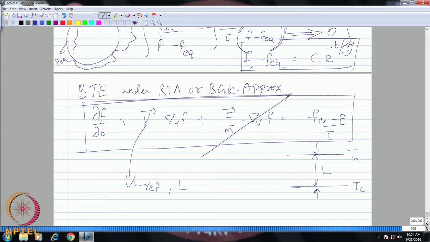This is your characteristic length scale. Now substitute the reference velocity and characteristic length scale, and try to get a non-dimensional form of the Boltzmann equation. For the time being we have neglected the third term, which is in the momentum space. We do not want to non-dimensionalize that now, and see what happens.